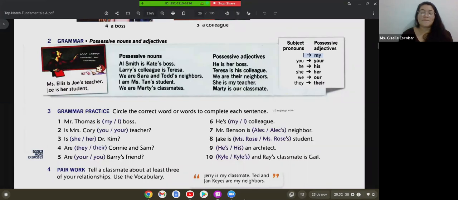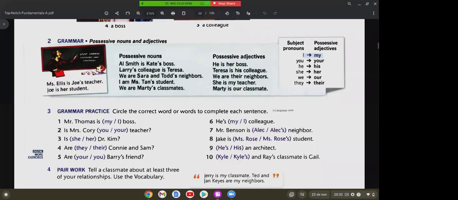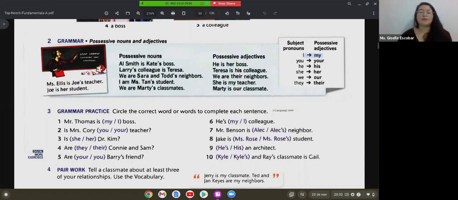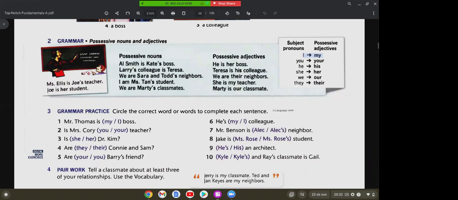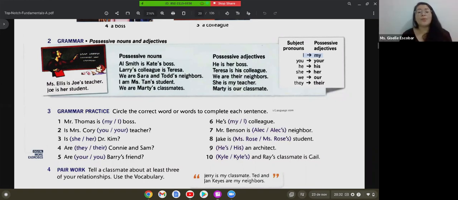Como la del carro. I have a dog. My dog is beautiful. Perfect. Yo tengo un perro. Mi perro es hermoso. I have a dog. My dog is beautiful.